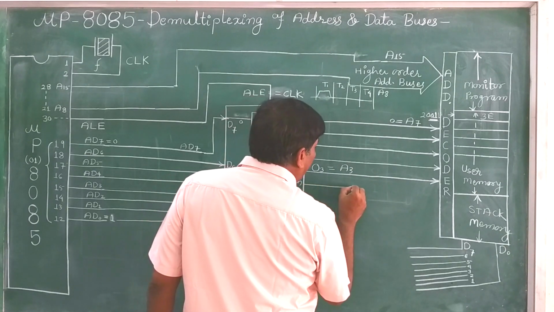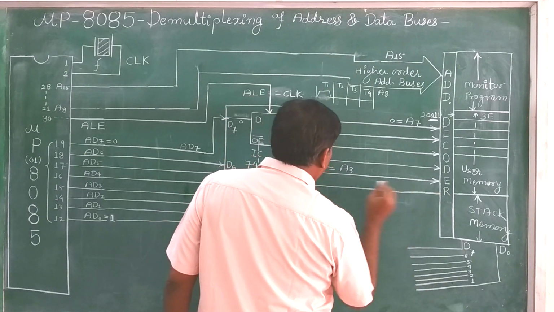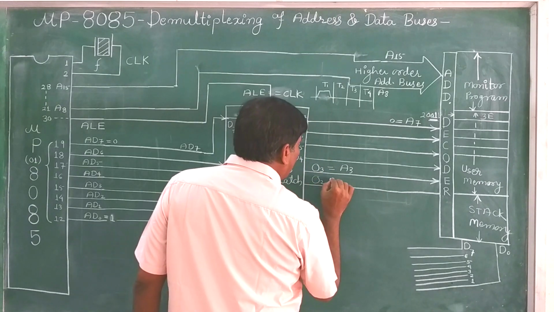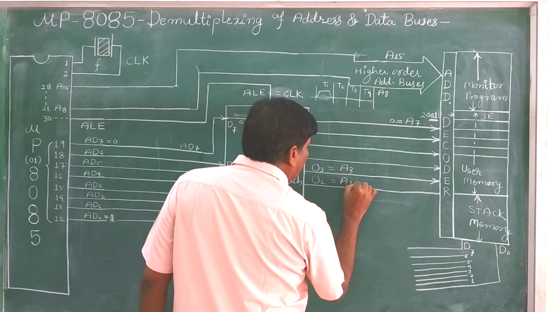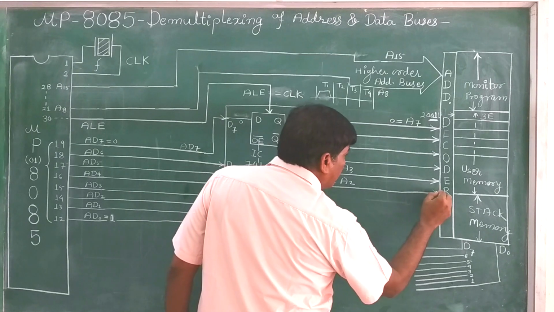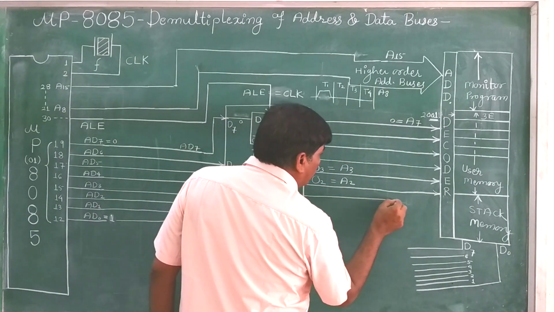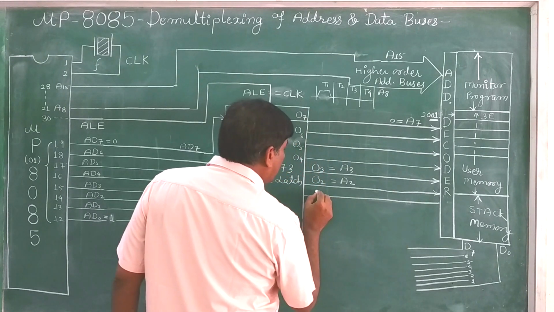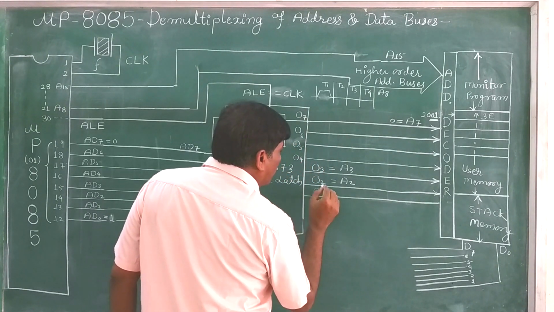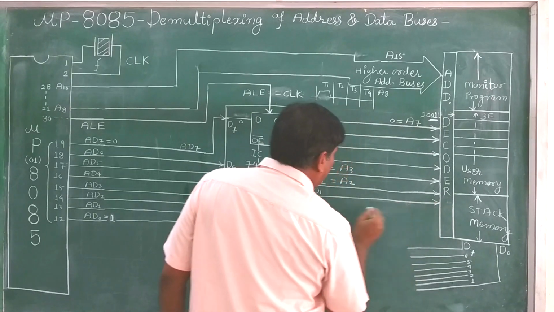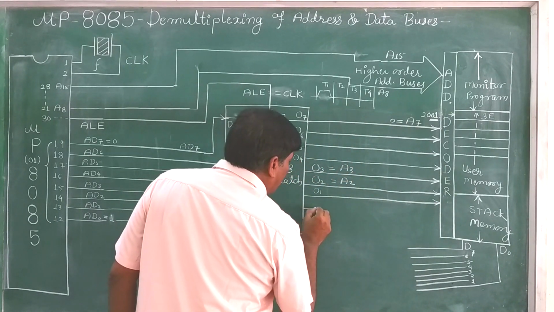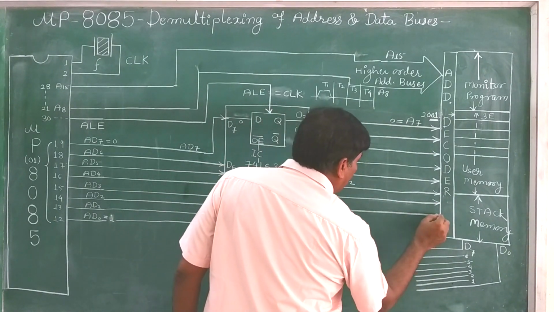Similarly, we will have O2, which is equal to A2, and O1 also to be connected here, O0 to be connected here.